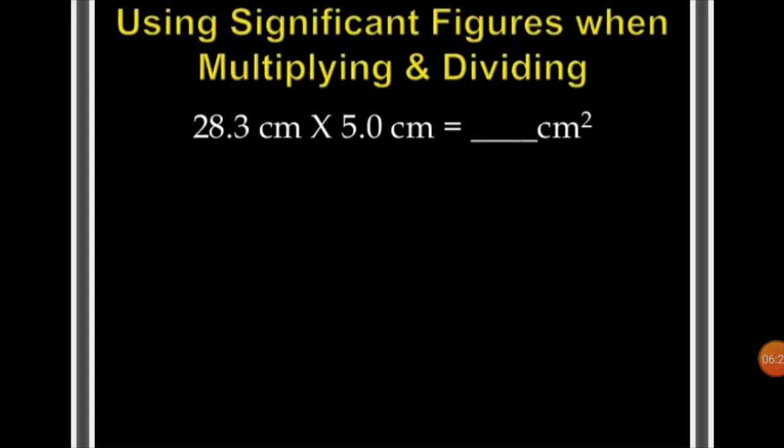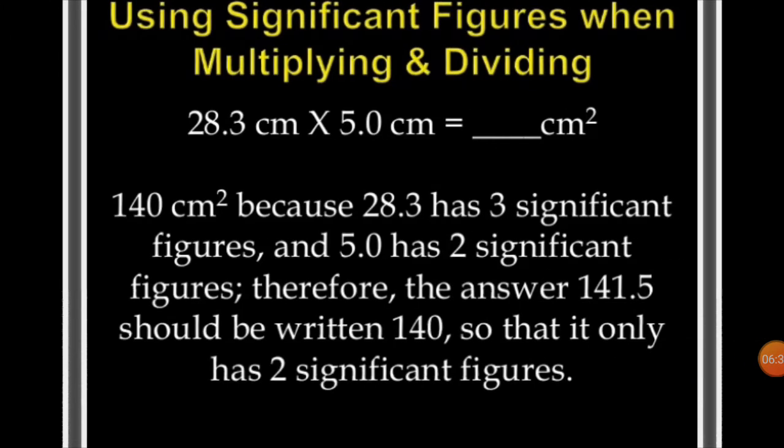So the question is 28.3 centimeter times 5.0 centimeter. As you see, in the first number there are 3 significant figures, while in the second, 5.0, there are only 2 significant figures. When you calculate, the answer comes 141.5 centimeter square, and you see that in the answer there are 4 significant figures.